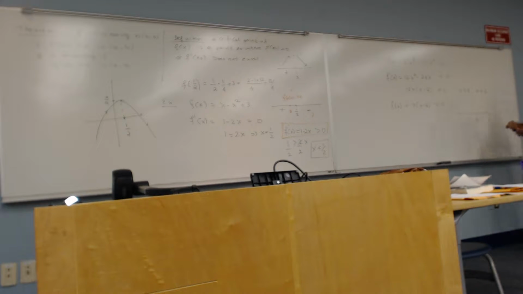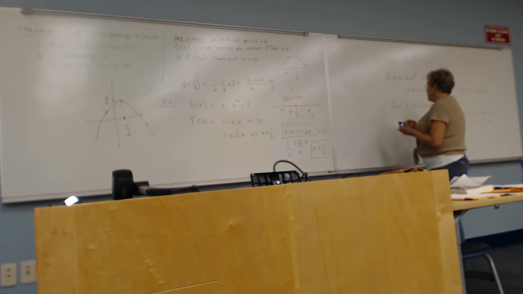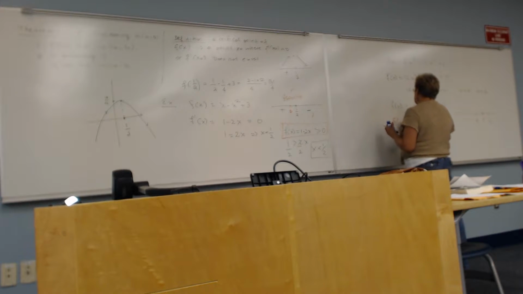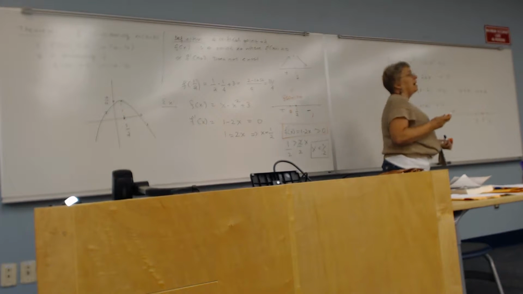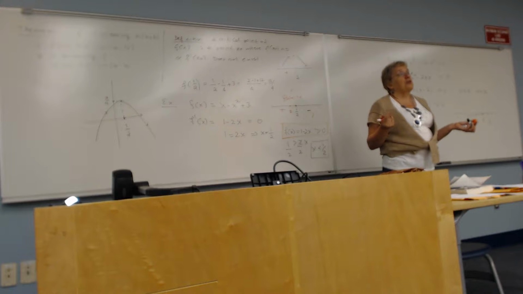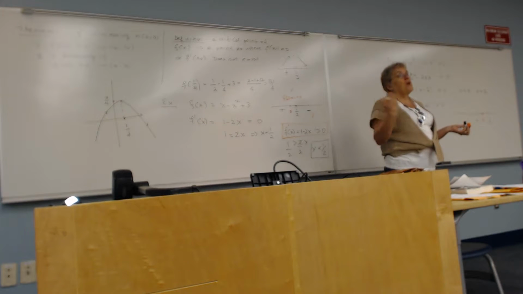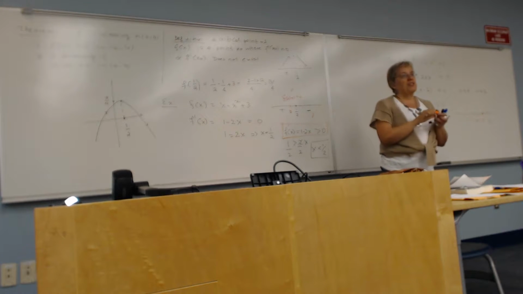Now, let's pick a point, 1, say between 0 and 2, right? And let's ask the following question. F prime of 1, is that greater than 0? And how would you answer this question? You just plug 1 into the derivative and tell me what it is, right?